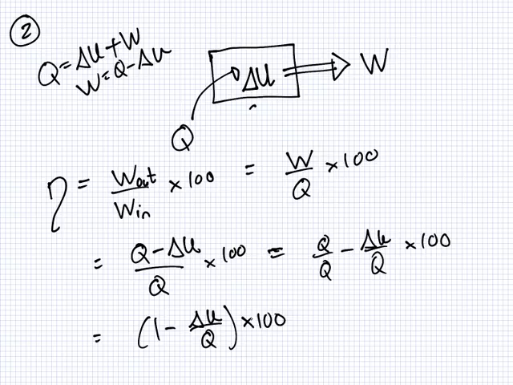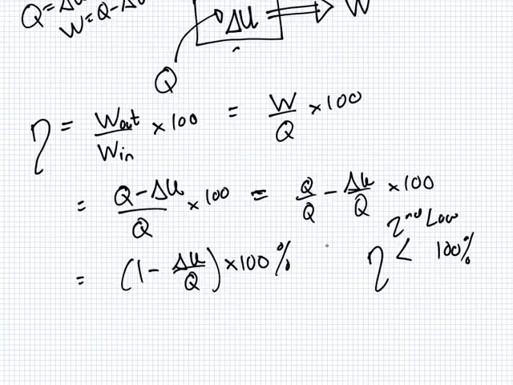Now, interesting, I told you that the second law of thermodynamics means that heat travels from hot to cold. But another way to state the second law is that efficiency must be less than 100%.